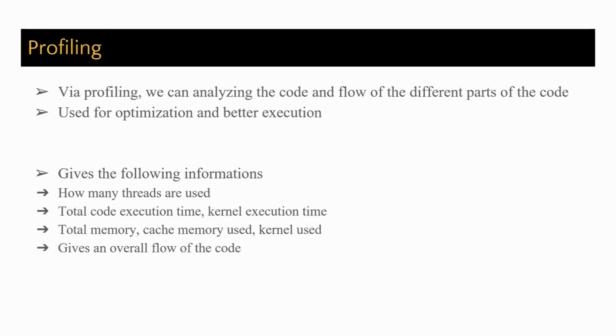It can also give an overall idea of how the different parts of the code are flowing, how to optimize a code for better resource use and better memory management. It also tells what part of the code is most significant, like we'll show in the next slides what functions are the most significant in this code.